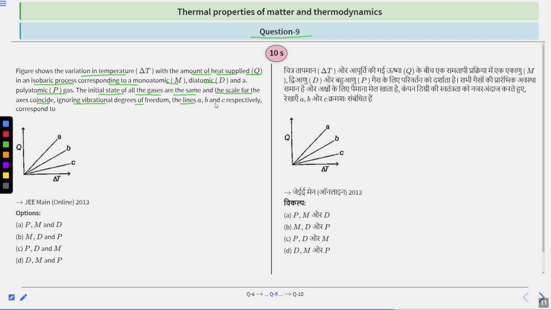The lines are A, B, C respectively. On the y-axis is Q and on the x-axis is delta T.